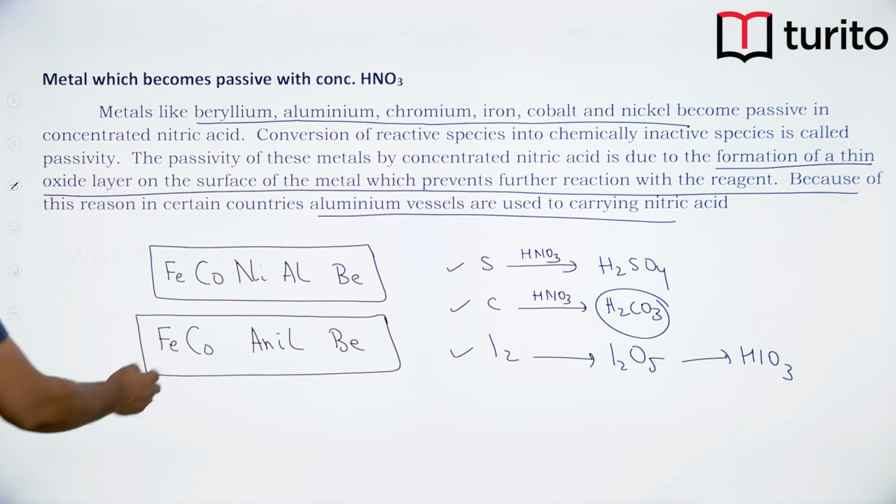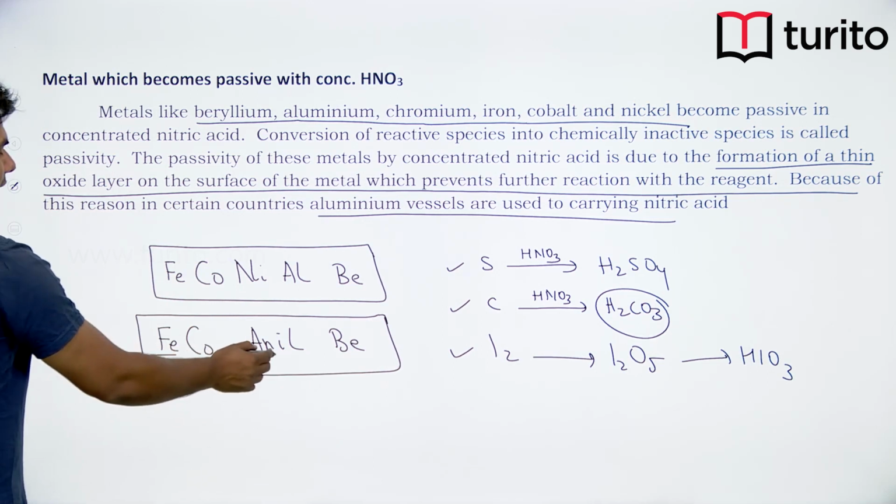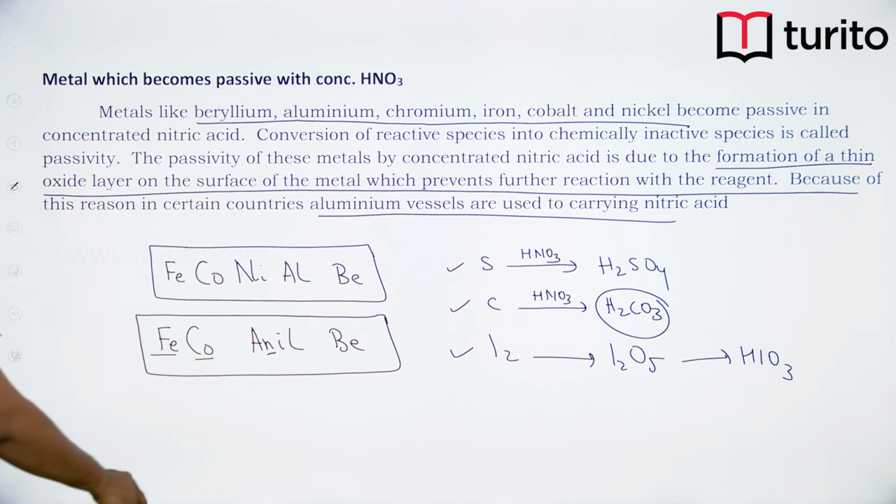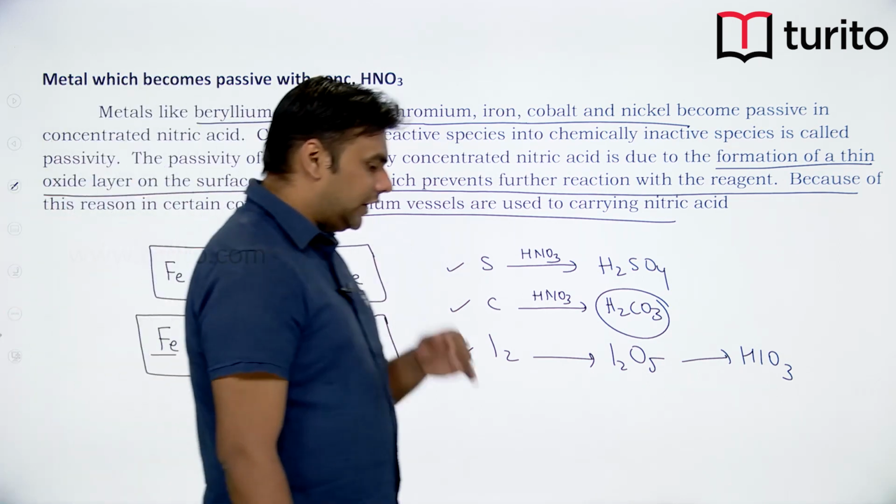Fe and Co are iron and cobalt, ANIL means aluminum and nickel, and B means beryllium. So these metals become passive on treatment with HNO3.